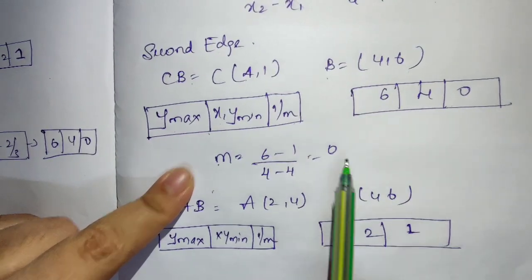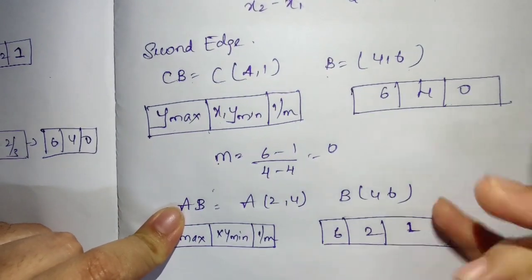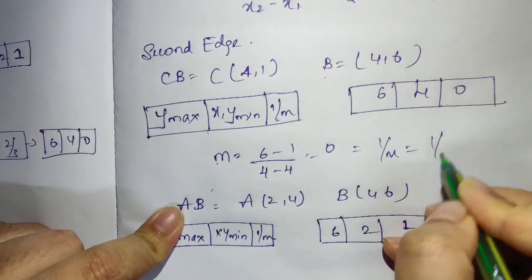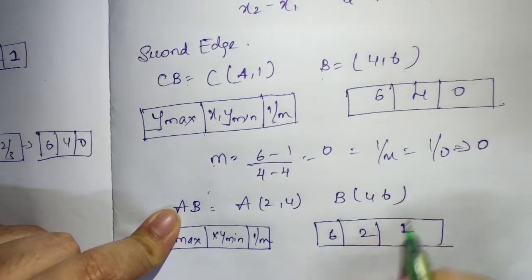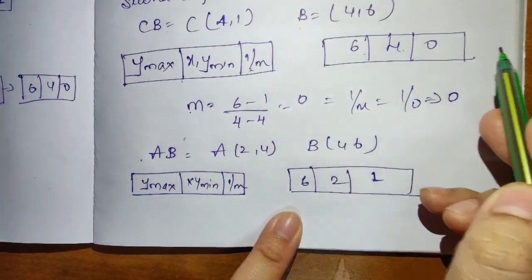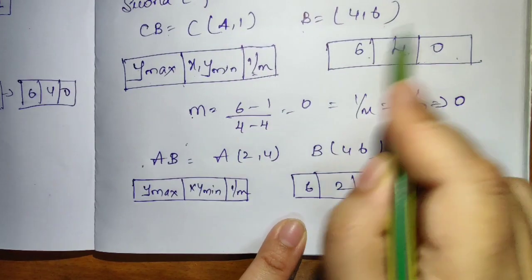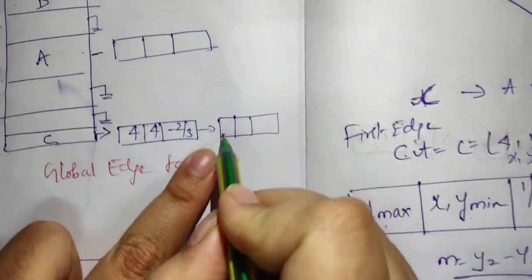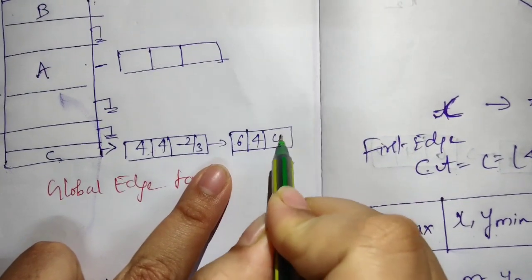The answer is 0. So 1 divided by m, the inverse, the answer once again is 0. So that's why 6, 4, 0. Okay, so the CB value I am mentioning here, 6, 4, 0.